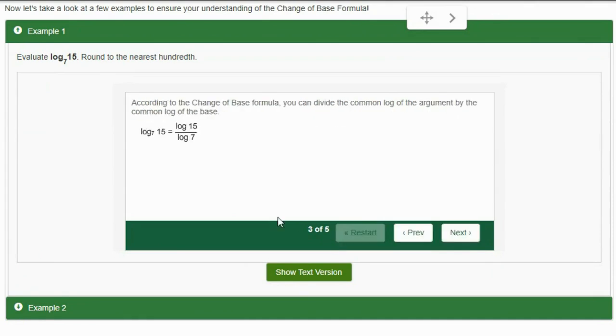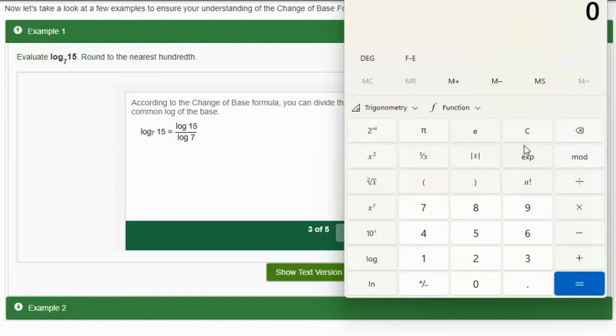So in your calculator, hopefully you've done this. Log base 7 of 15 would be log 15 divided by log 7. There's the answer I got. Hopefully you got something similar to the nearest hundredth, so that'd be 2 decimals.